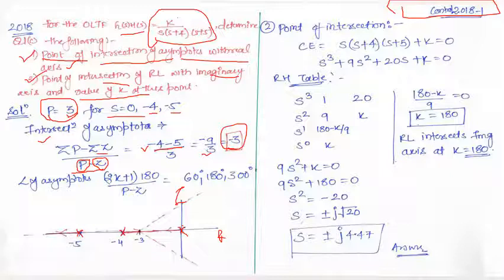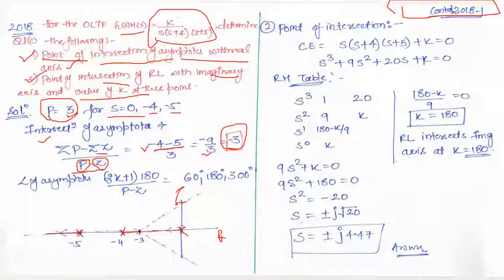Okay, we also should know where the root locus will start and where it will end. So you have to remember the thumb rule that the root locus always starts from open loop poles and terminates at open loop zeros. If there is no zero, then they will terminate somewhere at infinity.